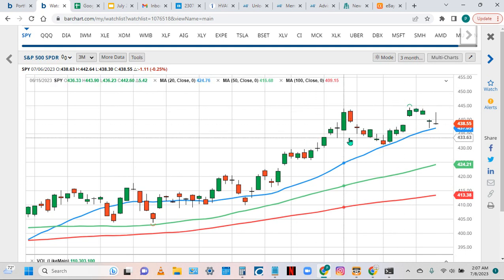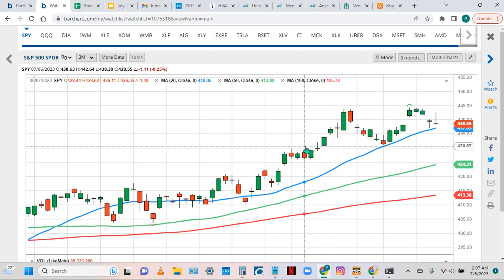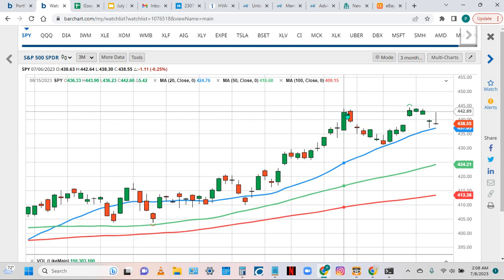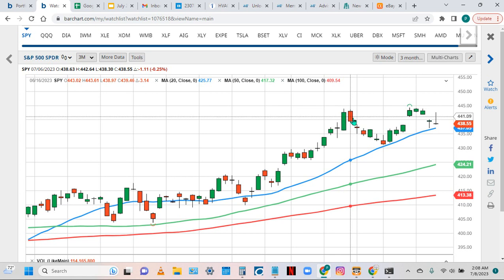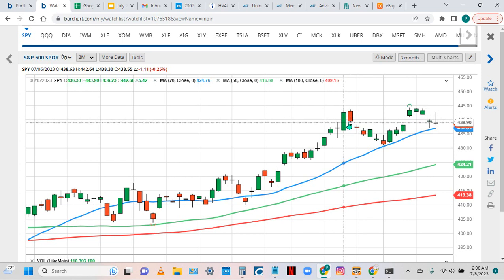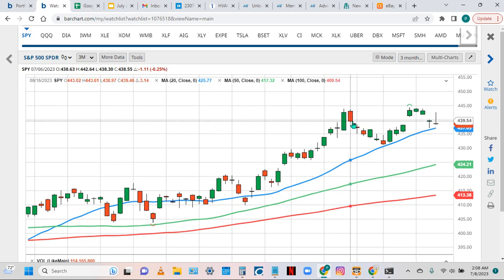We can see that the overall market momentum has slowed over the past couple weeks. So we had this move up right here. We had a large green candle to end this move. Then we had a red candle, which came down about 50% of that green candle, retraced. So that wasn't too scary.